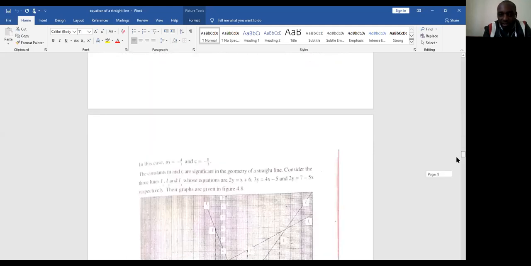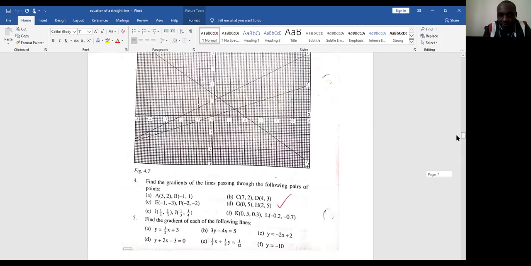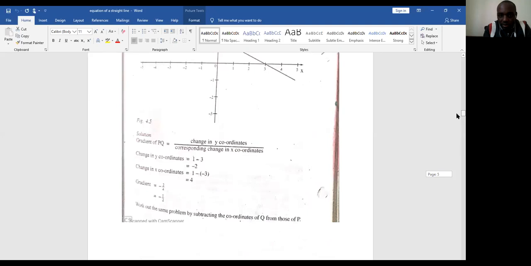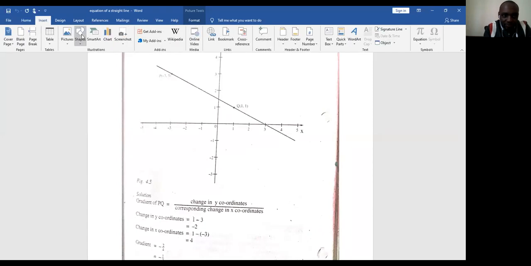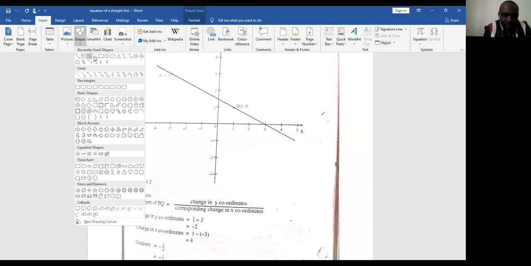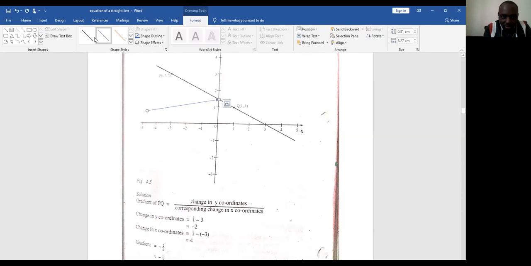For example, like in this line here. This point exactly here, that is the point that we call the y-intercept.